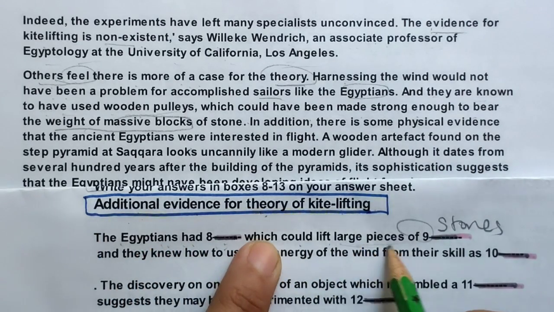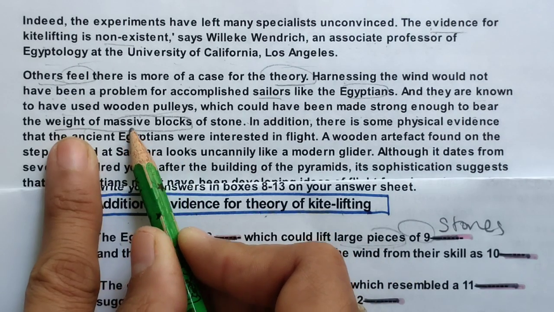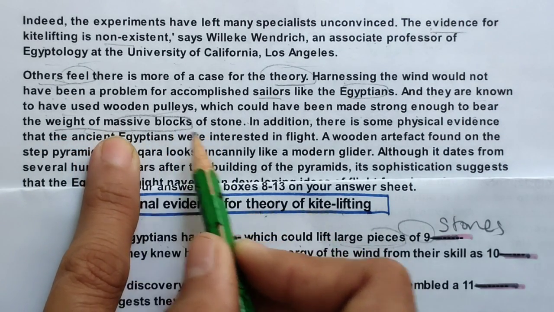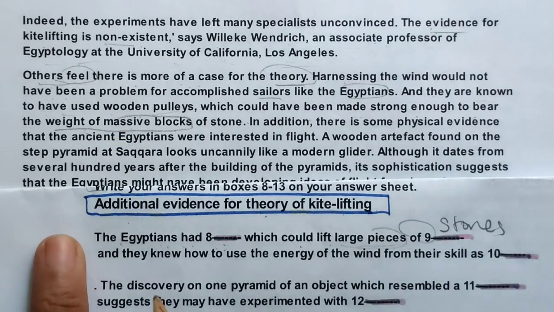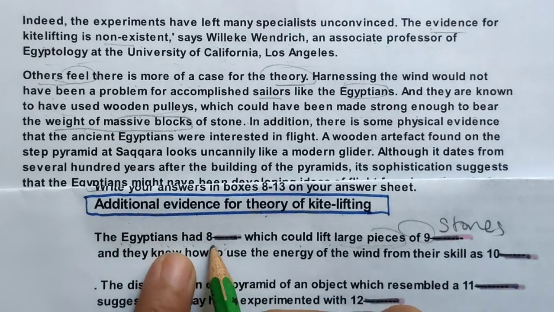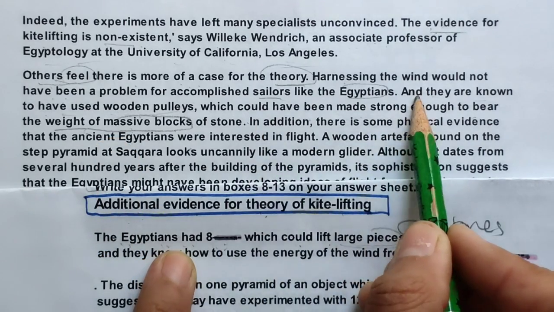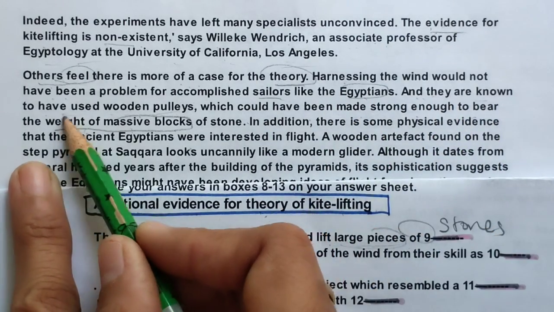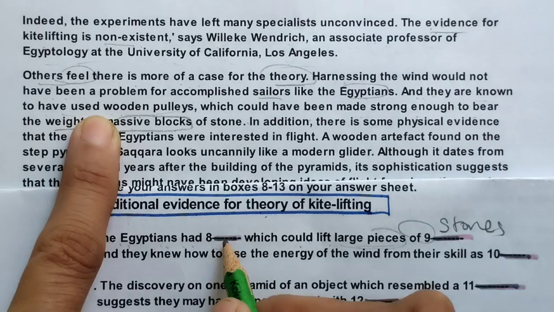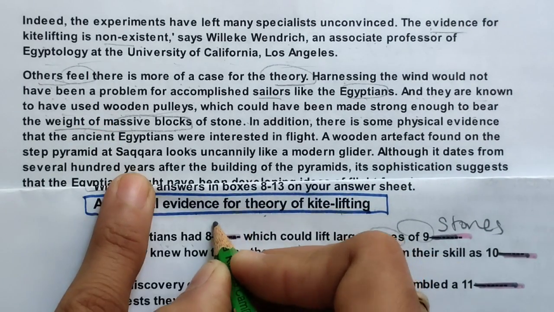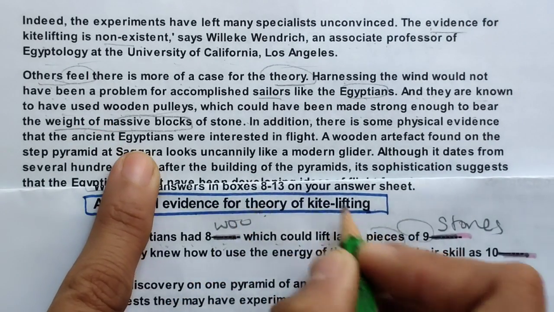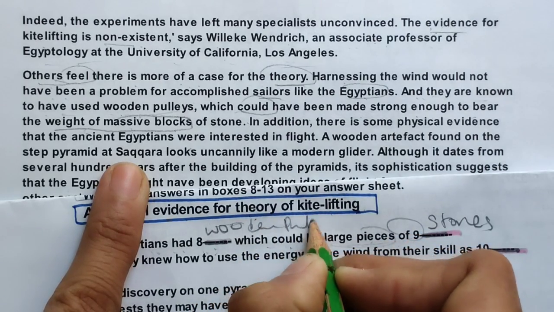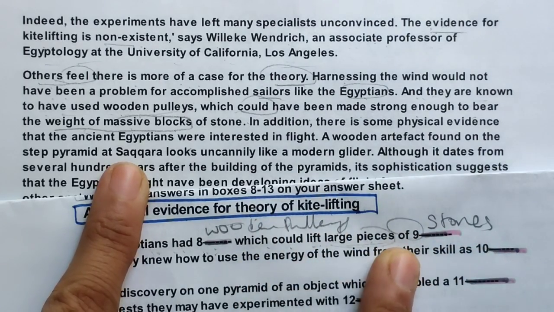Large pieces they have just paraphrased: weight of massive blocks of stone means large pieces of stones. And if they are talking about the Egyptians, and they are known to have wooden pulleys, it means they had wooden pulleys which could lift. See this, wooden pulleys. Okay, two blanks we have got.